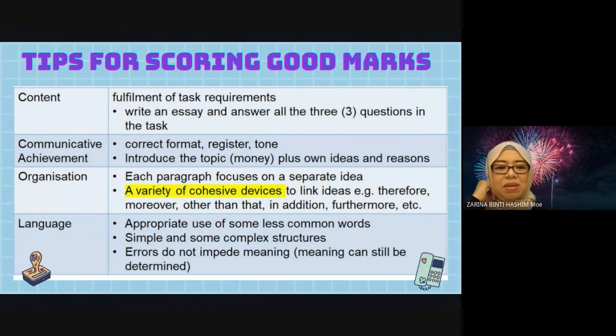Okay, now we go to tadi content. Kalau part 1 write an email kan, so now part 2 write an essay lah. Okay, a guided essay. Okay, CA dia Communicative Achievement. Okay, sama juga, correct format or register, introduce the topic, plus own ideas and reason. Dia kena ada ideas and reason.